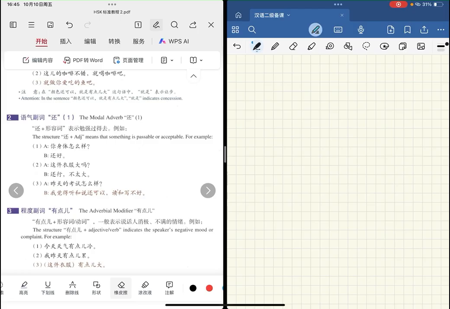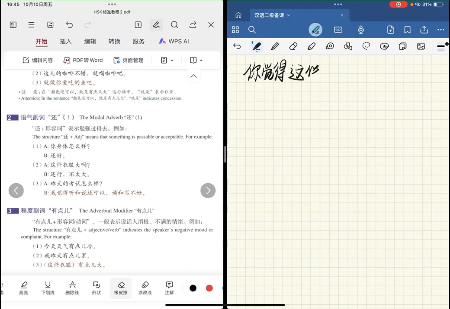Okay, so now I have a question for you. First one: what do you think of this restaurant? 你觉得这家餐厅怎么样？If you think it's not bad, it's okay, how do you answer this?